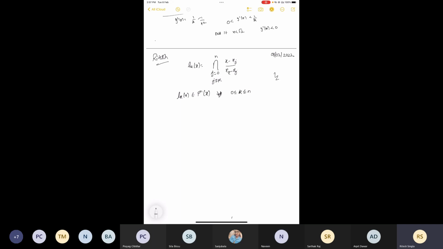So Lk of x belongs to P_n for all n, for all k. So this implies the sum of Lk, k running from 0 to n, will also belong to polynomials of degree n. So this implies summation k from 0 to n of Lk(x) minus 1 is a polynomial of degree n, right?